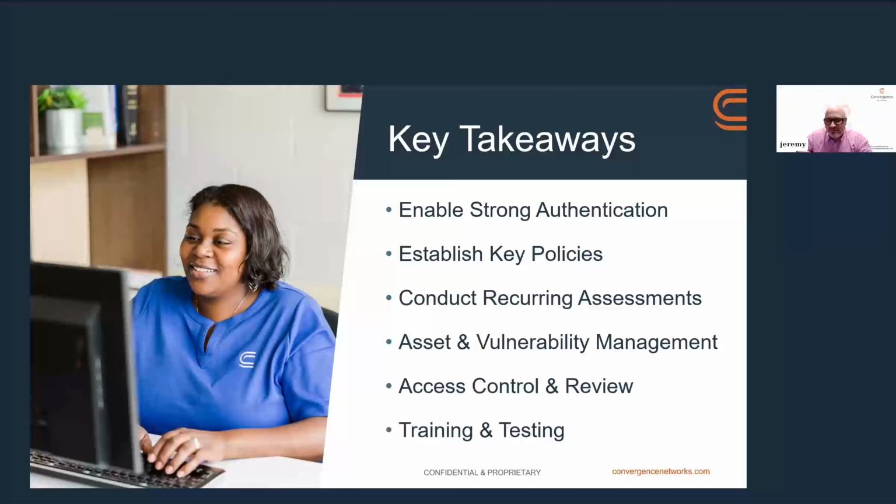And then asset management and vulnerability management. I think we beat this one up a little bit, but how important it is. I hope everybody walks away with the fact that if you don't know it's there, you can't secure it. And I think the other theme that I kept hearing from Shane's points was you're extending the network out to your home.